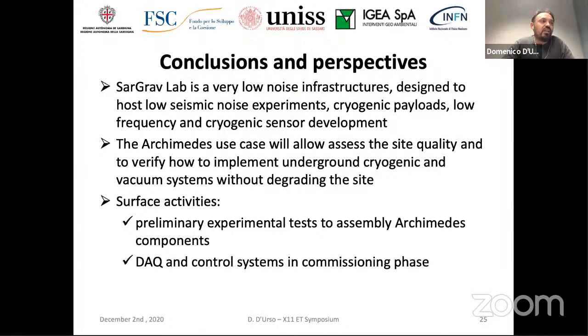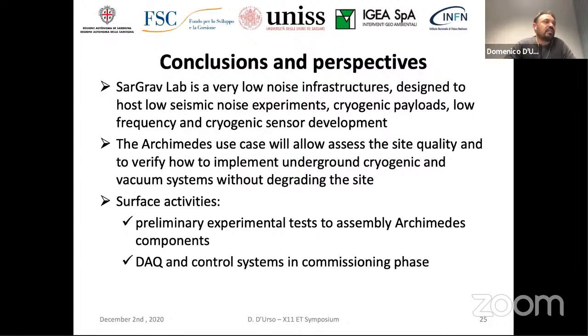The lab is a very low noise infrastructure, designed to host low seismic noise experiments, cryogenic payloads, and low frequency and cryogenic sensor development. Archimedes is, let's say, a use case that will allow us to assess the site quality and to verify how to implement underground cryogenics and vacuum systems without degrading the quietness of the site.